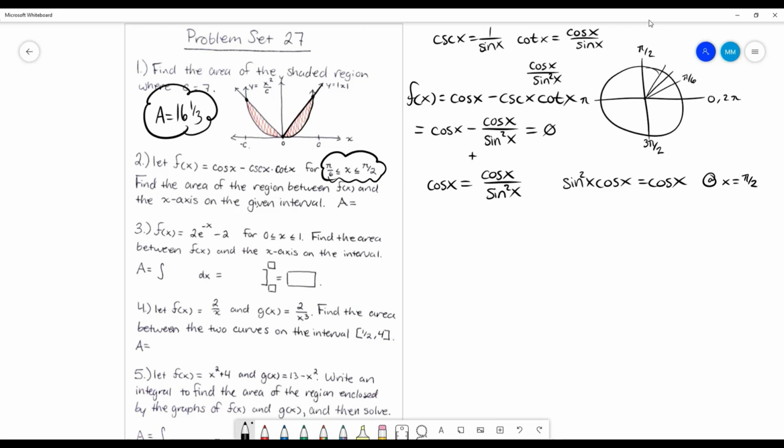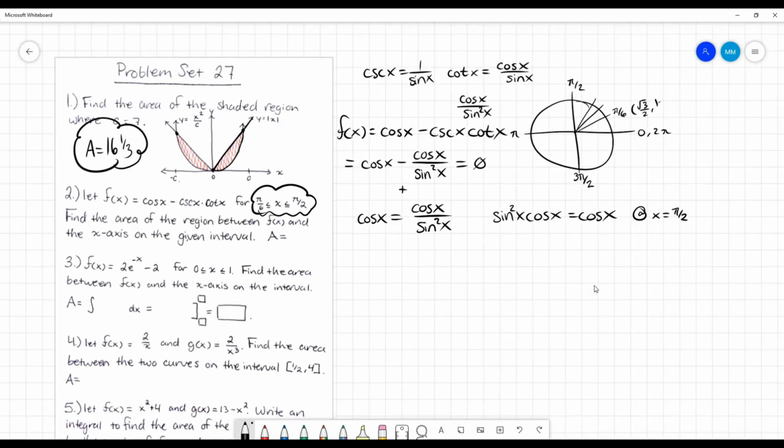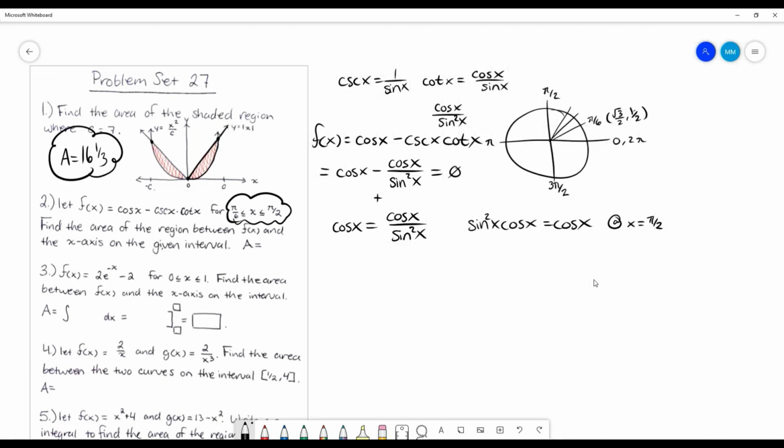Okay, so at pi over 6, it won't let me write there because of the stuff. Okay, and then pi over 4 is probably the only place I could see that maybe working. But I do want to check all of these just to be really thorough.